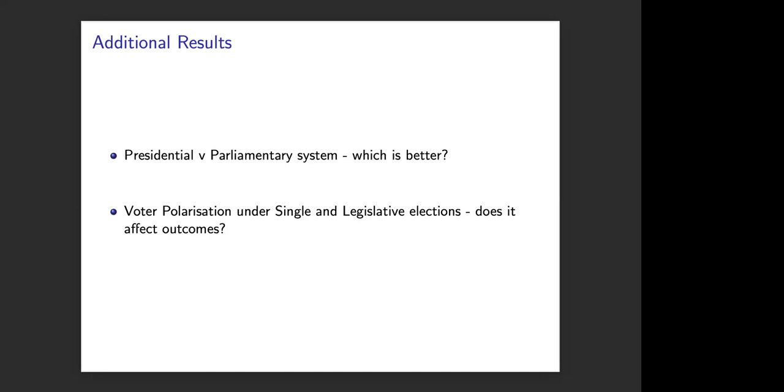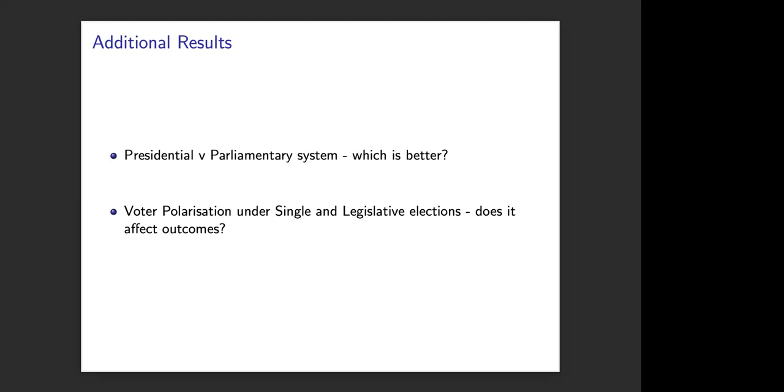The reason is exactly what I've been saying: in a presidential, say, one big district model, you've got these two dimensions of policy, but they're treated as one bundle. And so you can have suboptimal policies that will be implemented. Whereas in the parliamentary system, we're only going to focus on one dimension at a time, and by doing that, it incentivizes the candidates to choose better policies. I think it's somewhat counterintuitive.